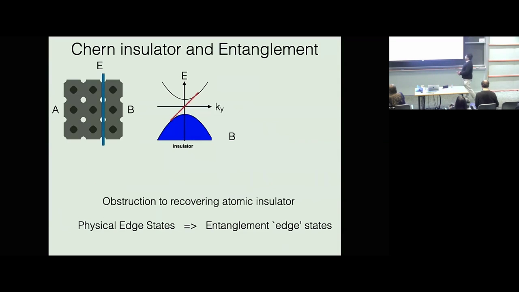So one of the paradigmatic phases is the Chern insulator. So you have a solid which has this band structure. It must have edge states. That's really the topology of these bands.